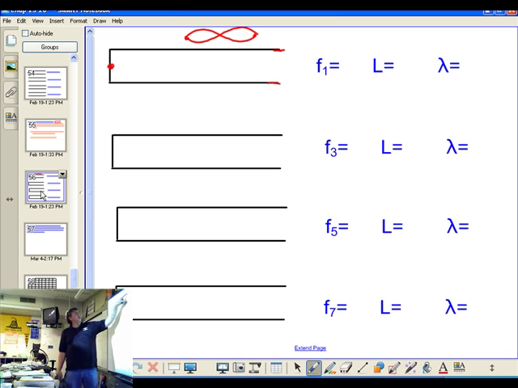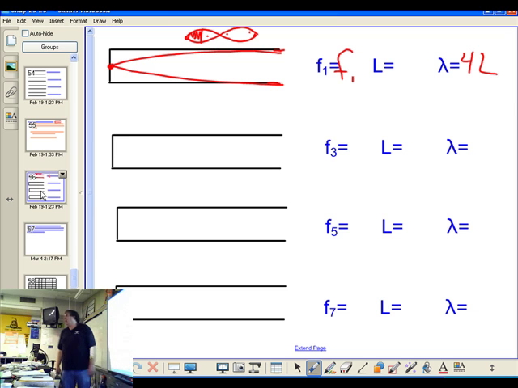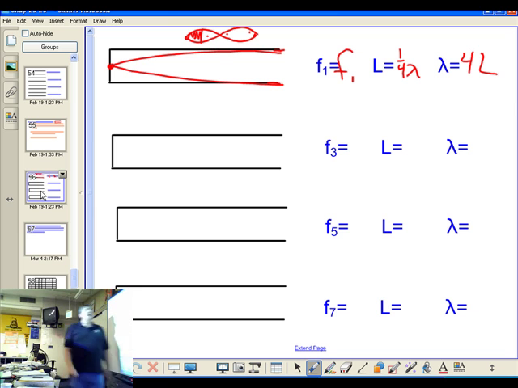So if I start at this node and go to the first antinode, how much of a wavelength is that? That's a quarter. 1, 2, 3, 4, 4 quarters. There, F1. And remember what our definition is: the wavelength is 4 times the length of the tube, which means the length of the tube must be 1/4 the wavelength.